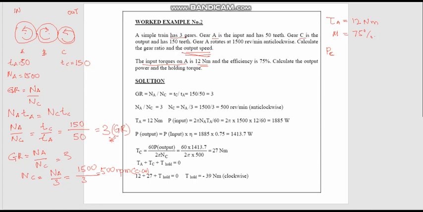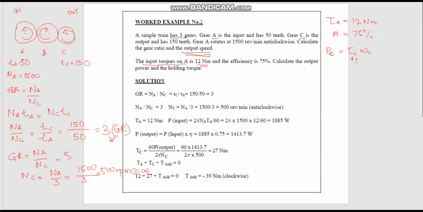So we can calculate PC, power C, is equal to torque at C times omega C. However, we don't know this value. We know omega C. We can calculate that from NC, but we don't know TC, so we cannot do that. So this is unknown.